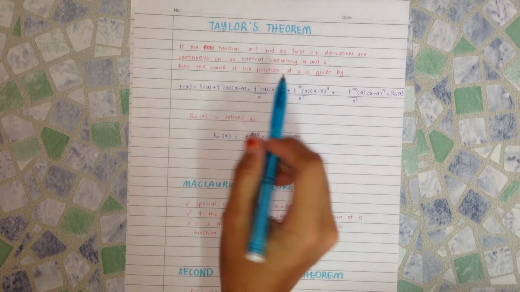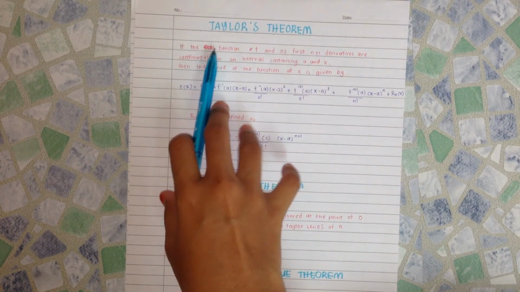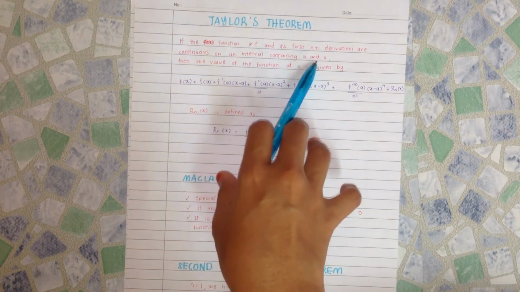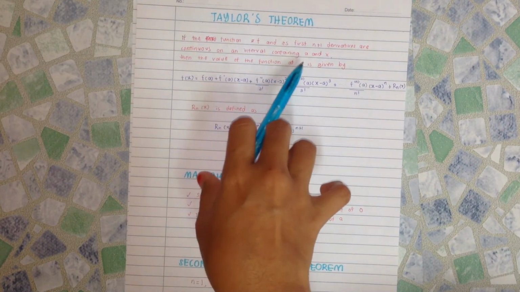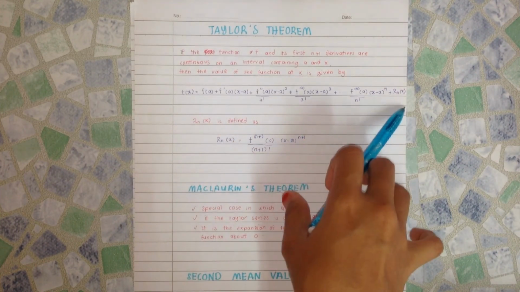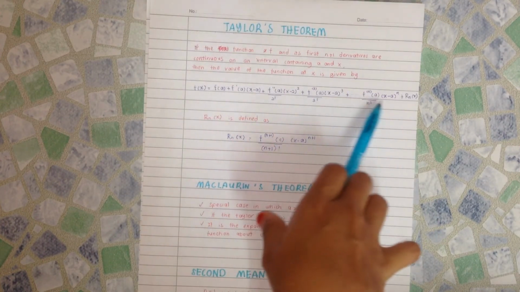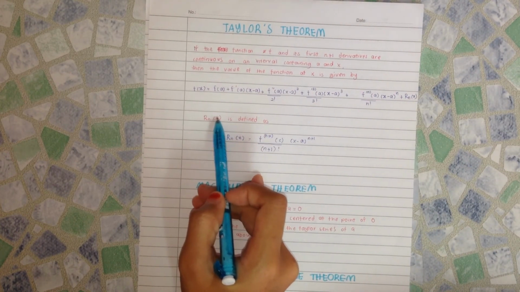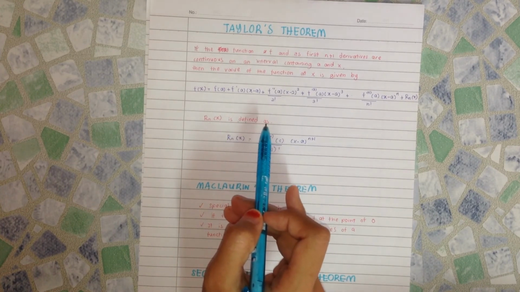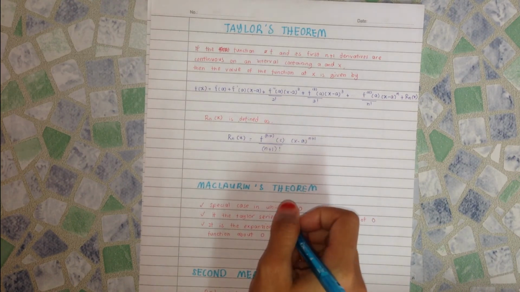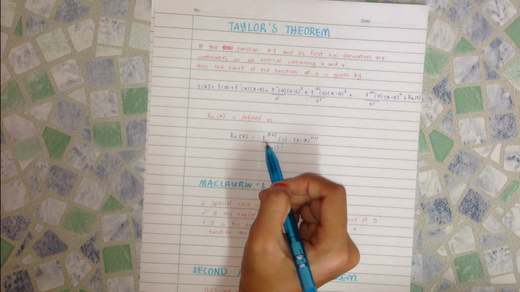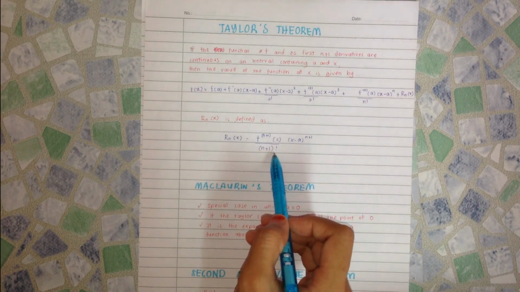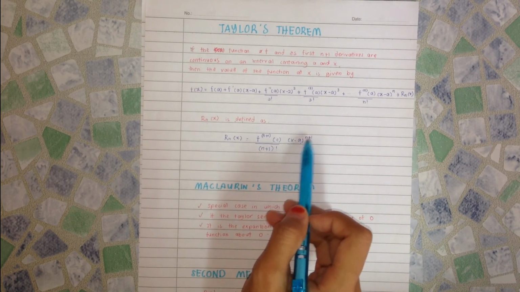Taylor's theorem states that if the function f and its first n plus 1 derivatives are continuous on an interval containing a and x, then the value of the function at x is given by this formula, where Rn(x) is defined as the remainder. The remainder can be defined as f^(n+1)(c) divided by (n+1) factorial times (x minus a)^(n+1).